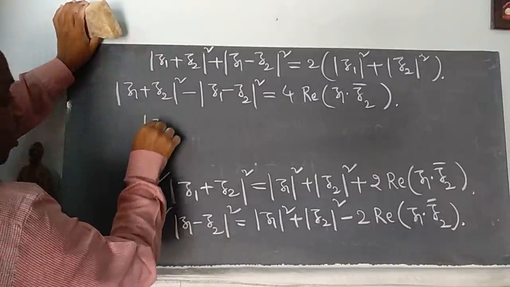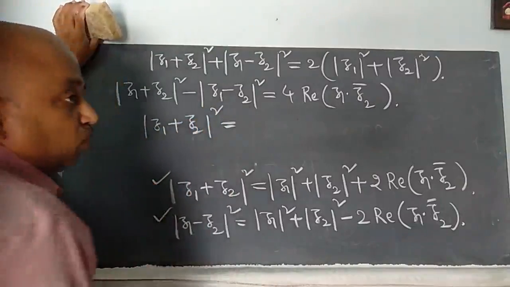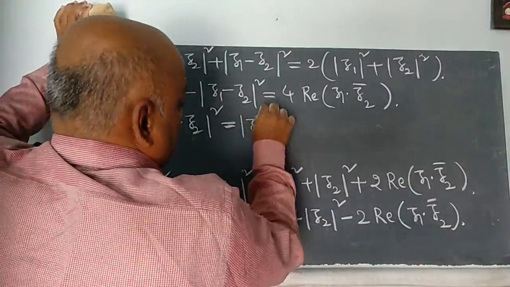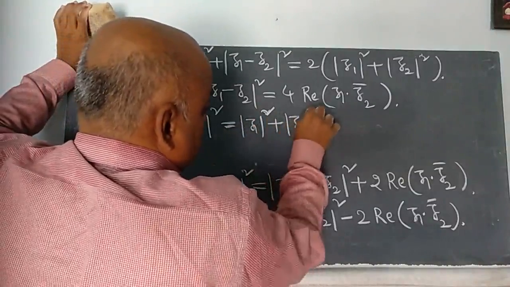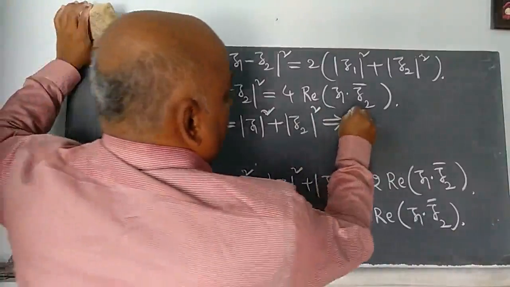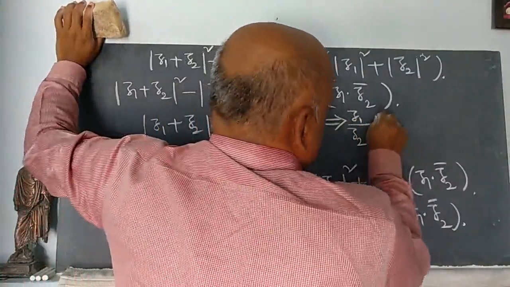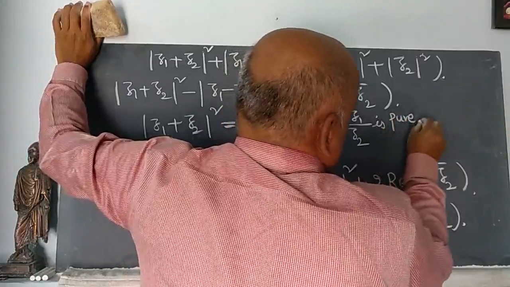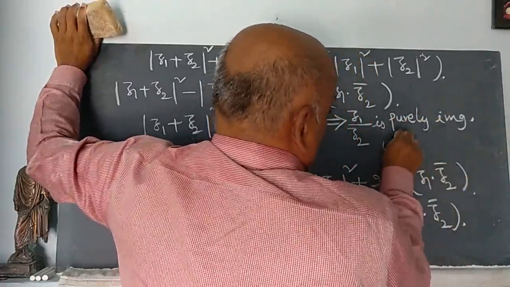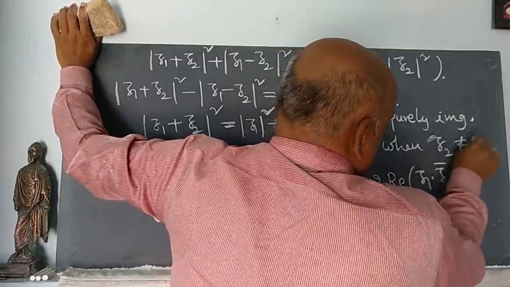Next, mod z1 plus z2 square is equal to mod z1 square plus mod z2 square. This implies z1 by z2 is purely imaginary when z2 is not equal to 0.